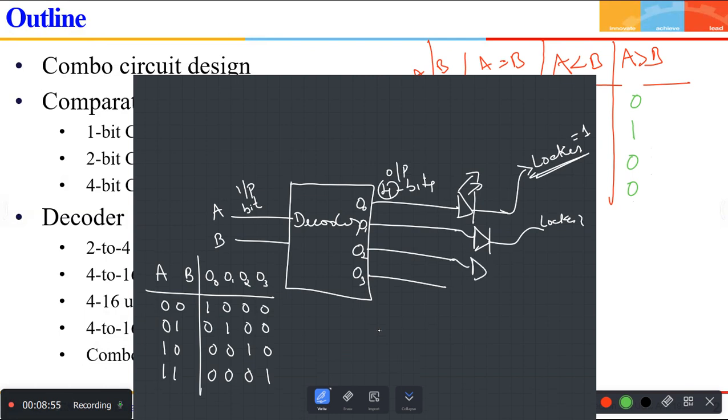This is connected to locker 3, and this is connected to locker 4. Assume that there are 4 lockers connected. Now you are going to give a code through A and B. So when you give 0, 0 as a code, this particular circuit will decode it and it will open your locker 1. When you give some other combination other than 0, 0, will locker 1 open?